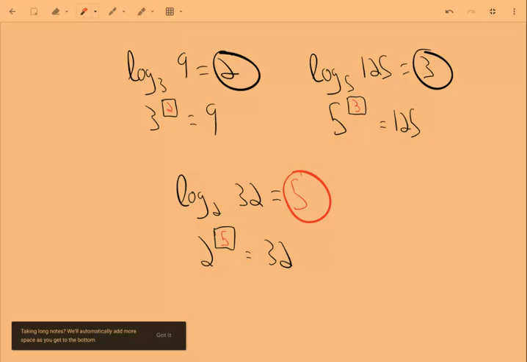So notice in each of these examples, the answer was the exponent. So the answer to a logarithm is the exponent.